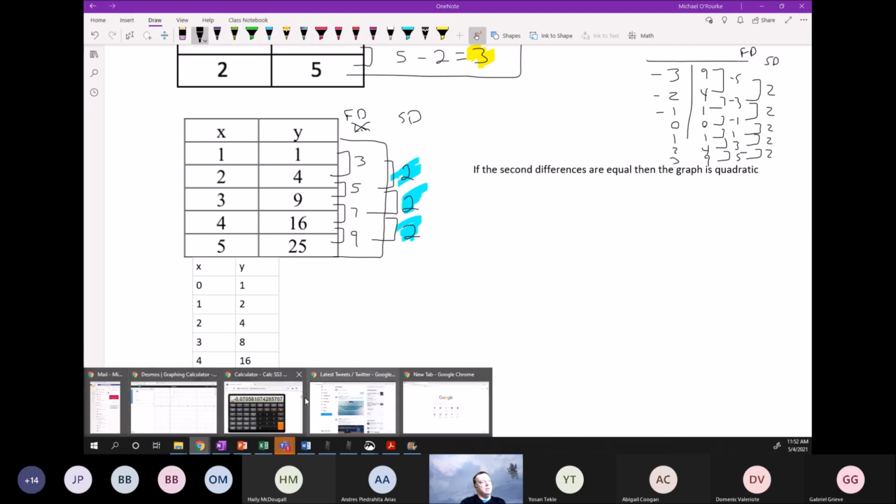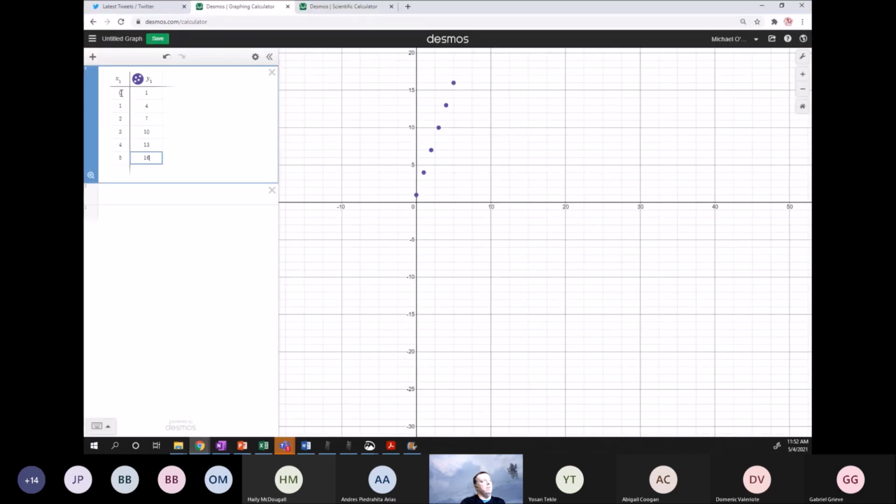If I go to graph this, here's my graph. -3, -2, -1, 0, 1, 2, 3.